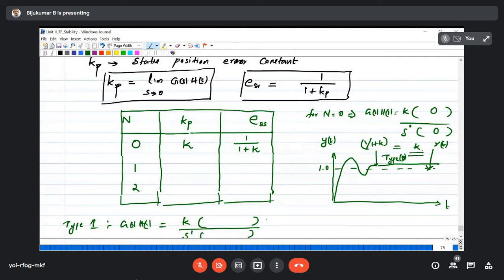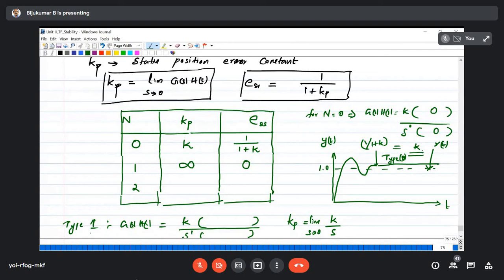So if you put s tends to 0, you get Kp as the limit s tends to 0 of k by s. So what is the limit s tends to 0 of k by s? It becomes infinite. So the steady state error becomes 1 divided by 1 plus infinity. It will become 0.